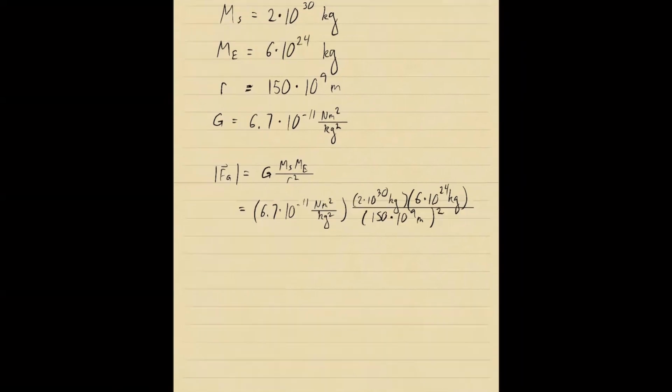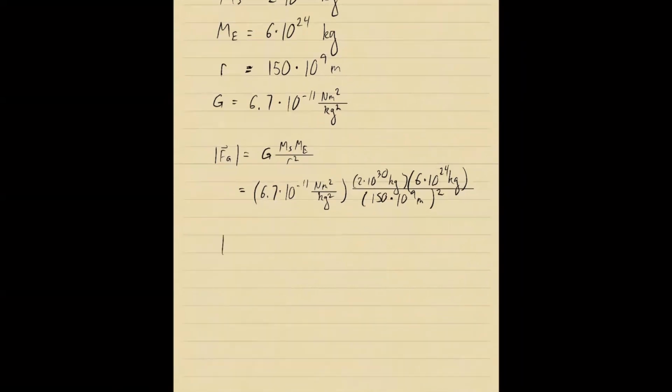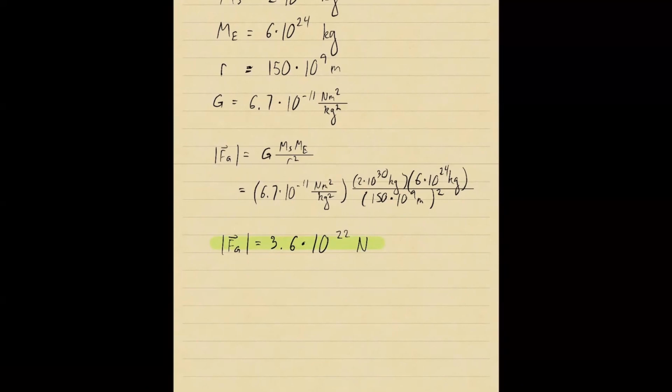So if you punch all this in, you get that the magnitude of the force of gravity between the Earth and the Sun is about 3.6 times 10 to the 22 newtons. So that wasn't that bad.